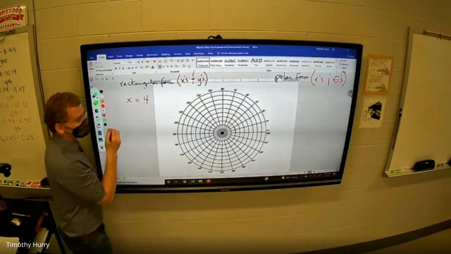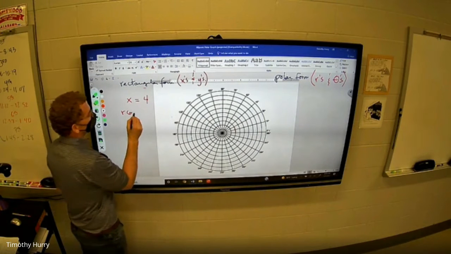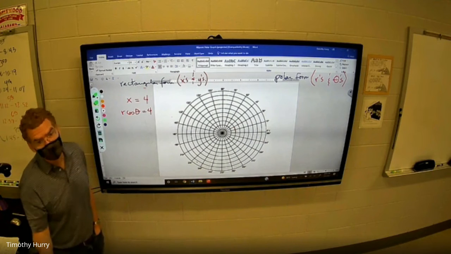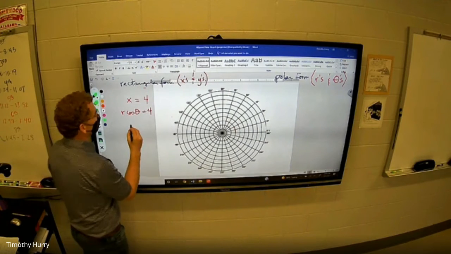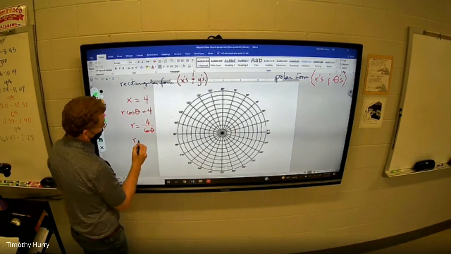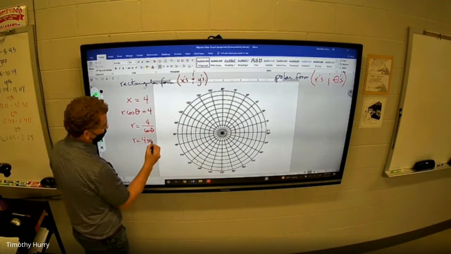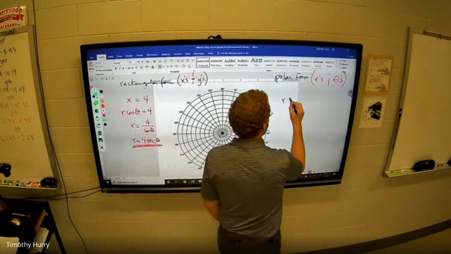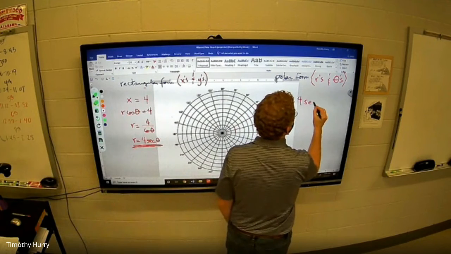Replace x with r cosine theta. And if I wanted to graph it on my calculator, I have to solve for r. So I'd have to divide by a cosine. And if I wanted to, I could rewrite that as a secant. And I could graph this. So my polar graph would be r equals 4 secant theta.